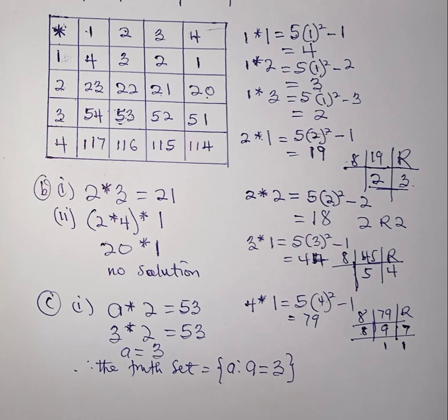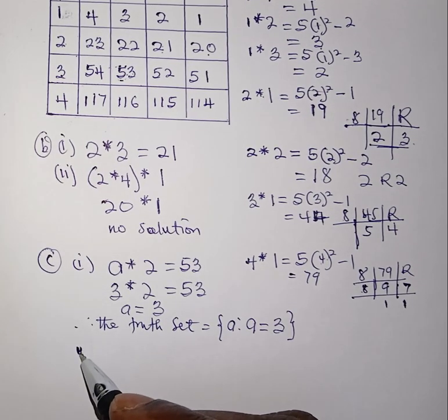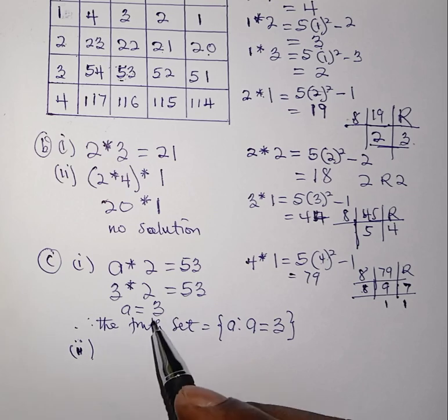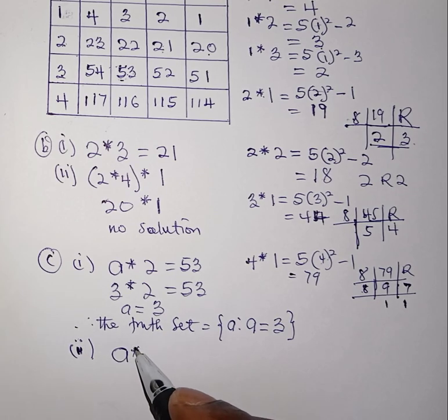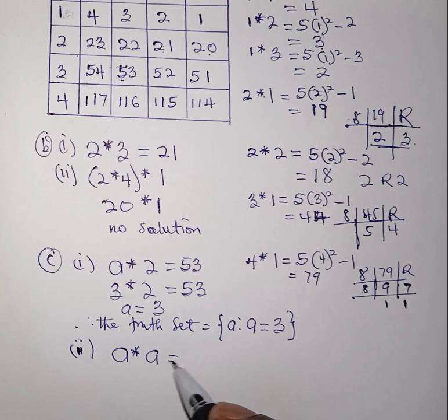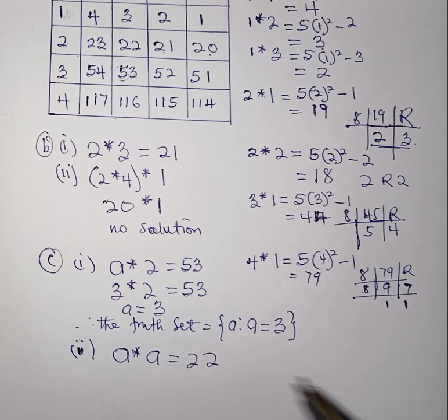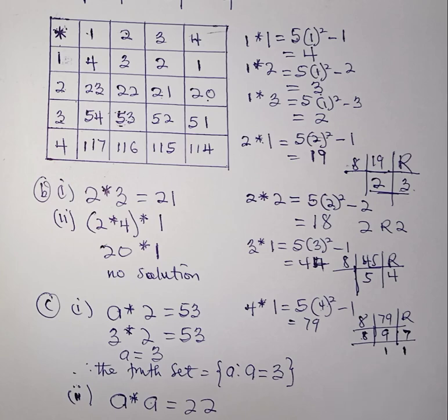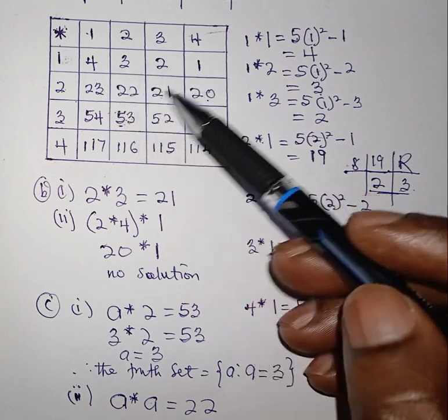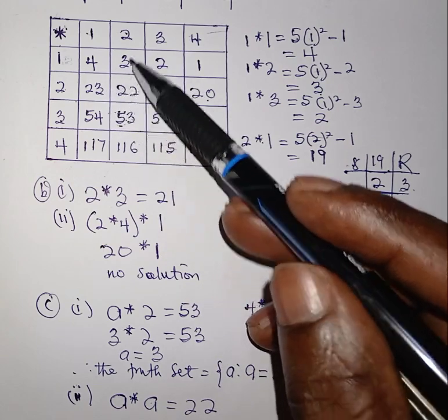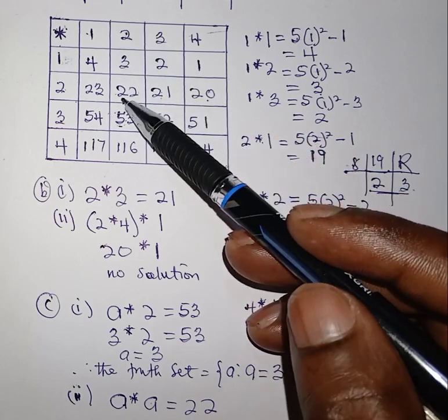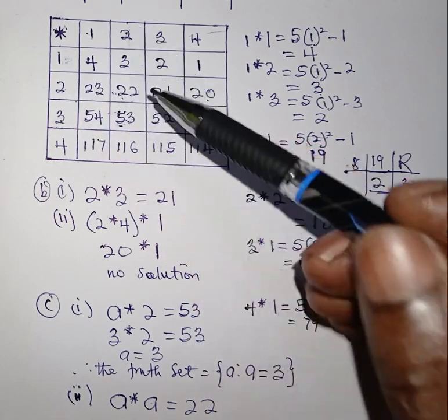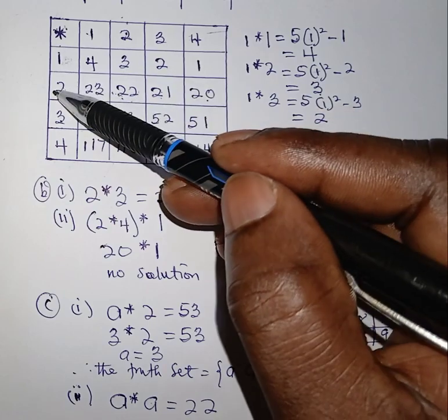That's it. Now let's look at the last part, which is ii. That is A star A is equal to 22. This one too, it means that the value operating with itself gives me 22. So let me go back to the table and see where I can locate 22. If you check, you see that this is 22. Then you locate from your vertical part and your horizontal part. You get your 2 here, you get another 2 here.